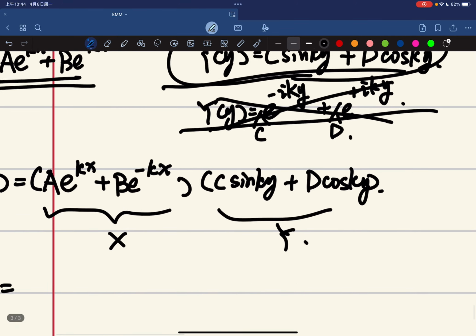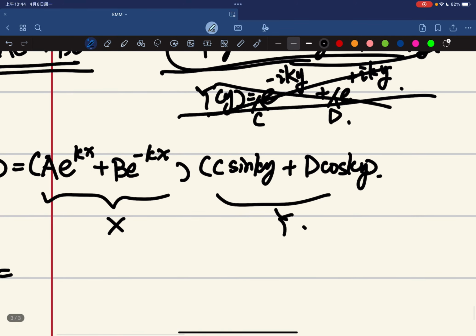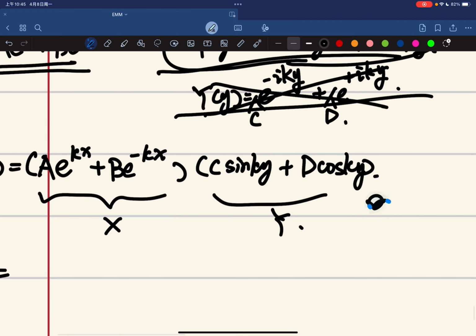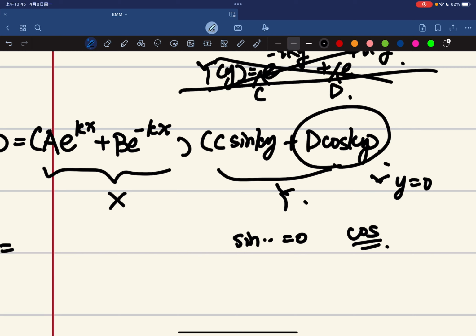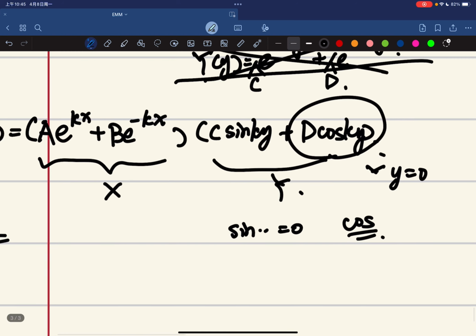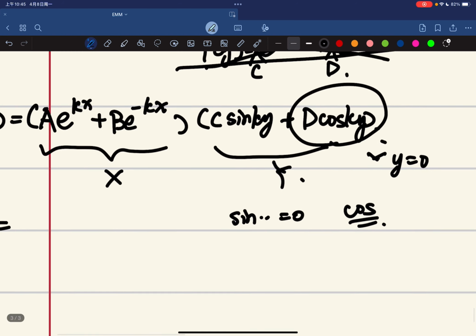So when y equals 0, this one will cancel, right? The sine will be equal to 0, but the cosine will be left, and this is what we don't want, because we don't want it to be left. So which means d must equal 0.